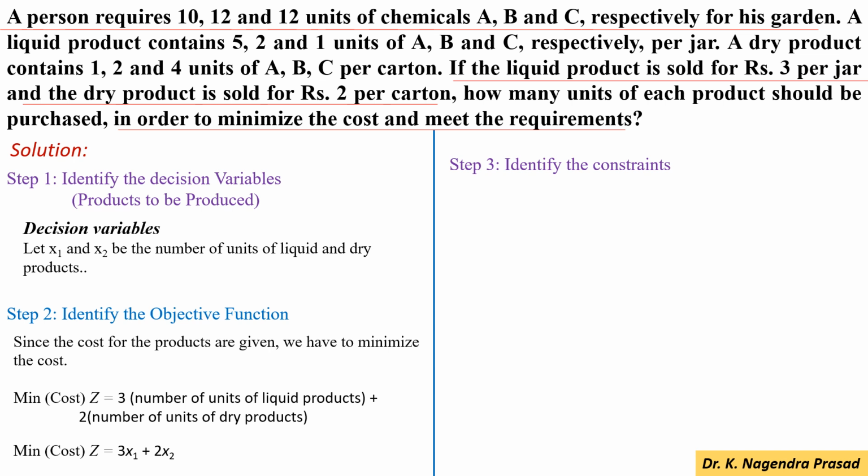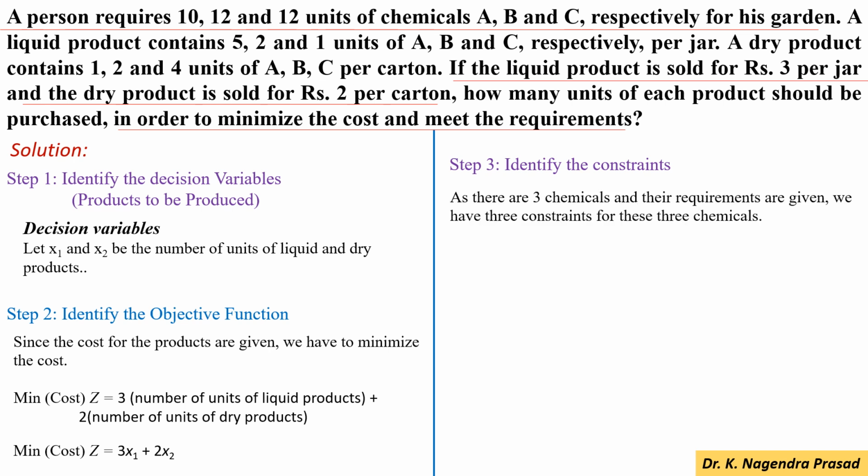Moreover, it is given that a liquid product contains 5, 2 and 1 units of chemical A, B and C. Similarly, dry product contains 1, 2 and 4 units of the A, B, C chemicals.